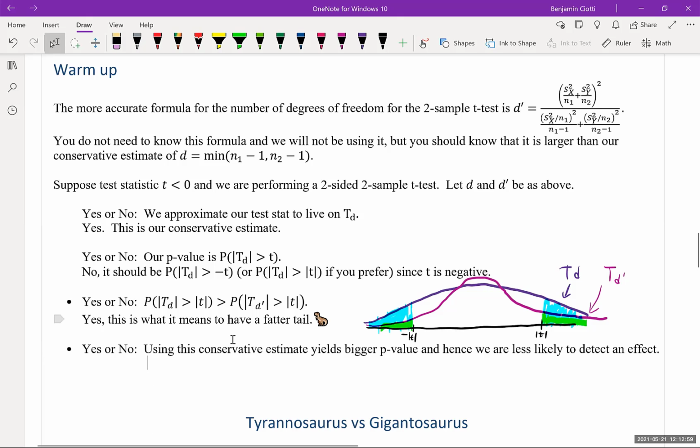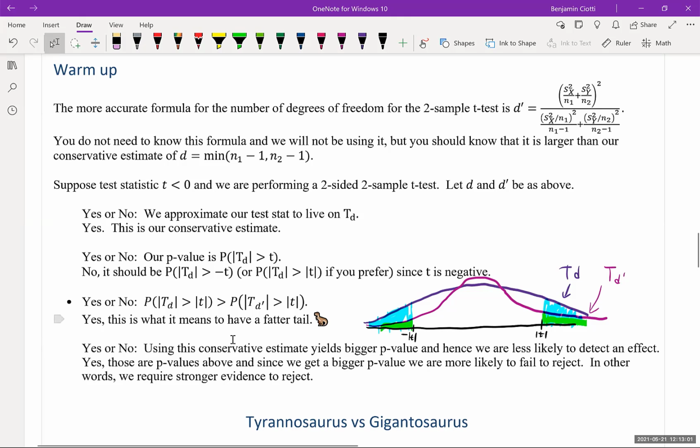Cool. All right. Good. Bigger p-value means you're more likely to fail to reject. So in other words, you're going to need stronger evidence. So yeah, it's harder to detect an effect in that case.